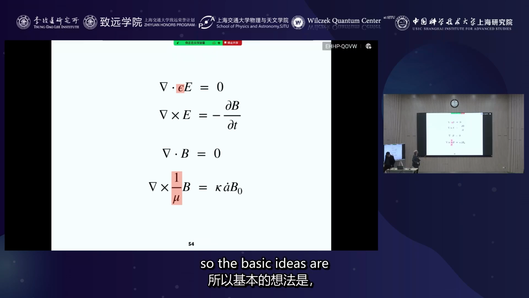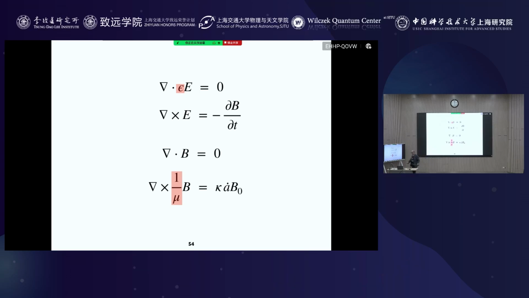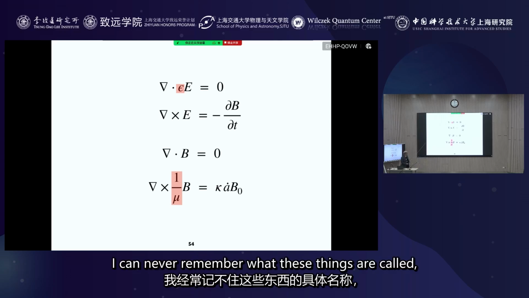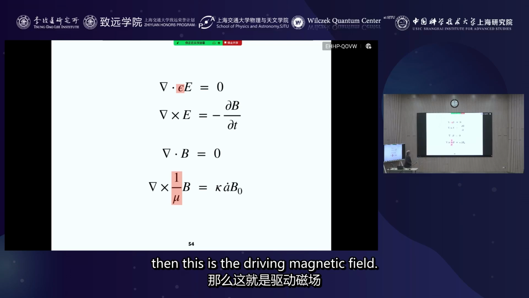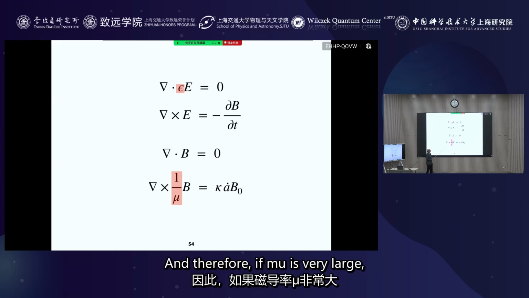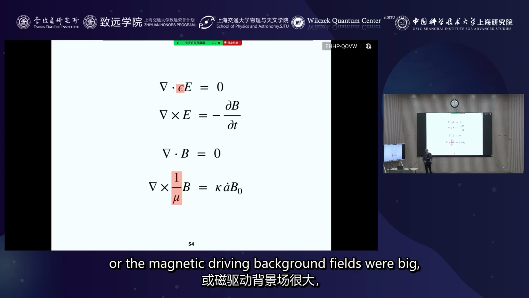So, the basic idea is, if you consider not the free space Maxwell's equations, but allow for permittivity and magnetism, epsilon and mu, like this, then this is the driving magnetic field, but the response here has a 1 over mu, and therefore, if mu is very large, it's as if the axion field or the magnetic driving background field were big.